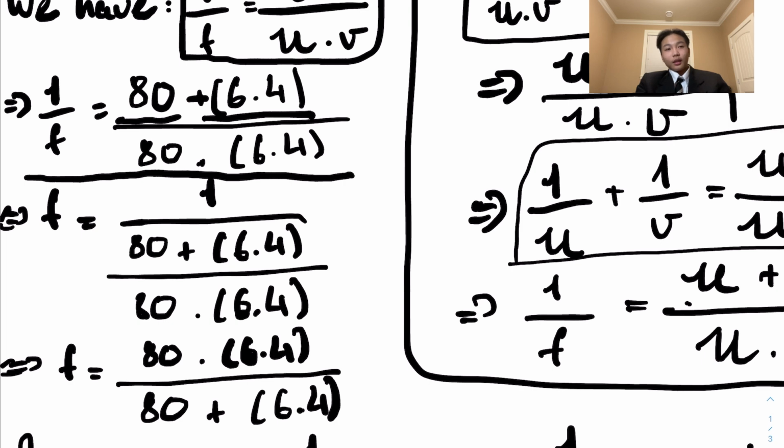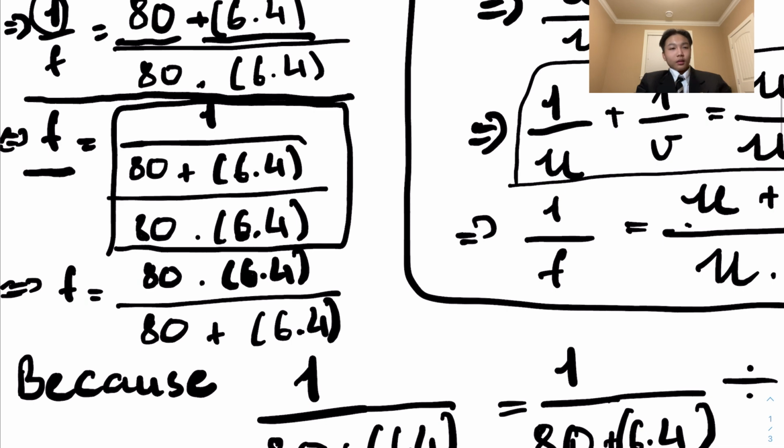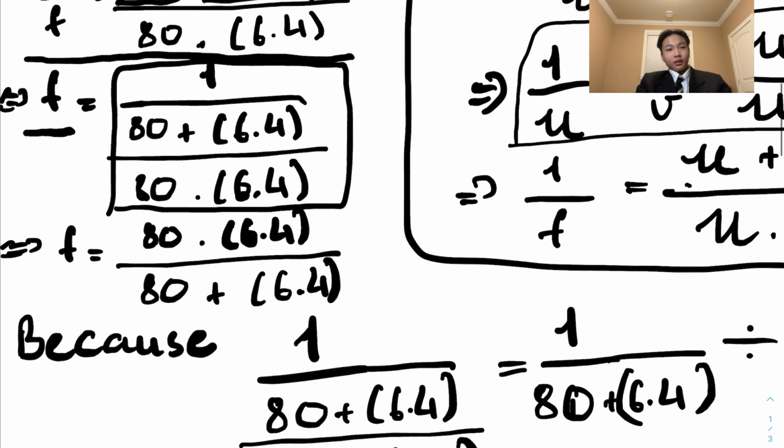Then we can separate f by taking 1 divided by 80 plus 6.4 over 80 times 6.4.